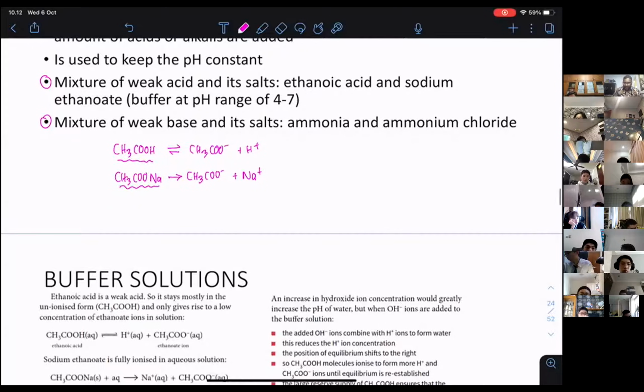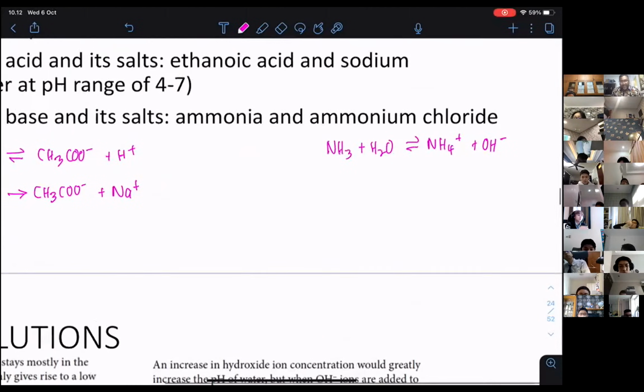The second example is ammonia. When you want to represent ammonia as a weak base, we have to include water, and they will give you a reversible reaction to give you the ammonium ion and OH-. Ammonium must be coming in the form of salt.